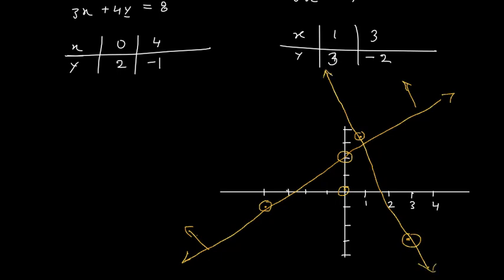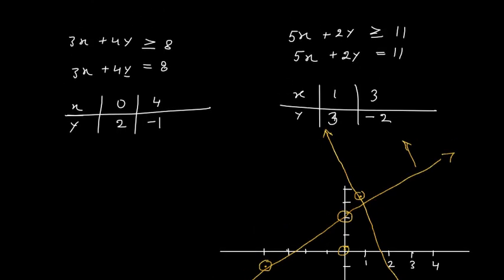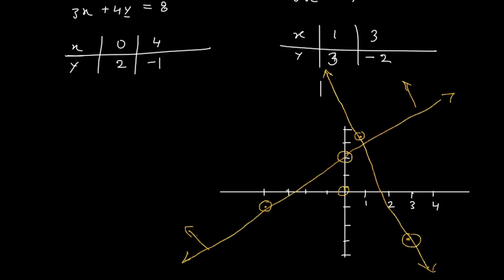Here again we have 5x plus 2y greater than or equal to 11. So again the origin will not be in the solution part, so this side. Now I will find the point of intersection. I will extend this line, it will go like this.